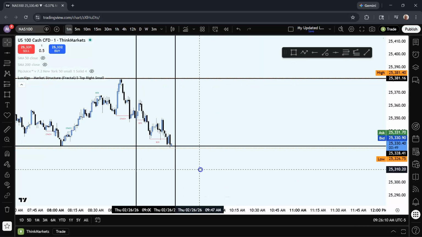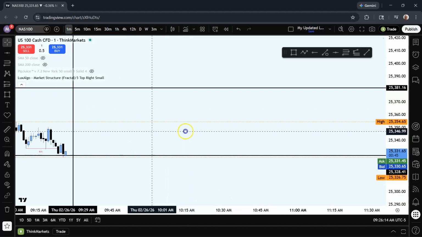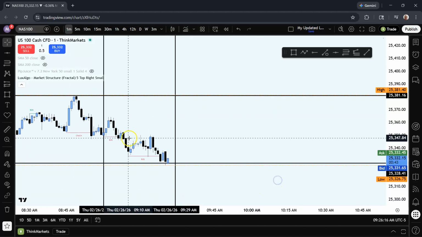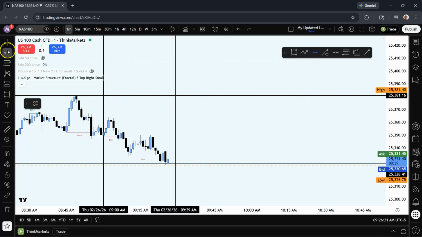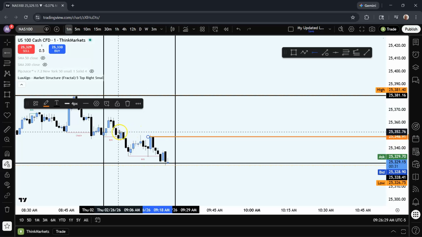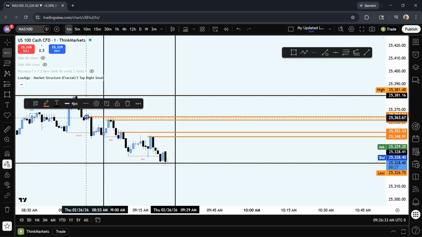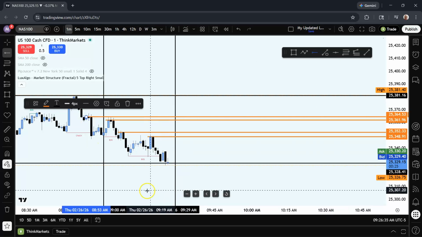So we need a break. I'll put my key levels here. We need a break of this high, this high, this high, this high for a market structure shift.